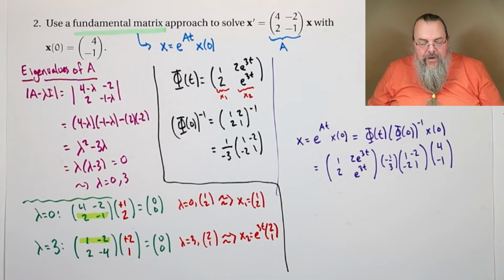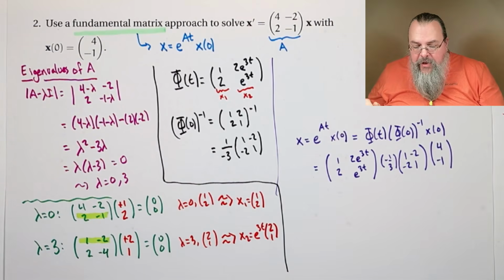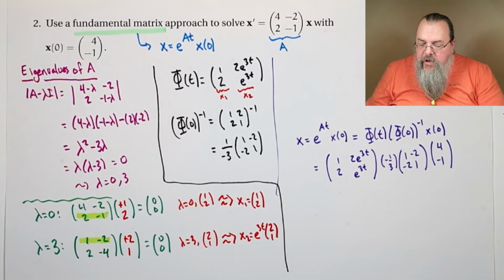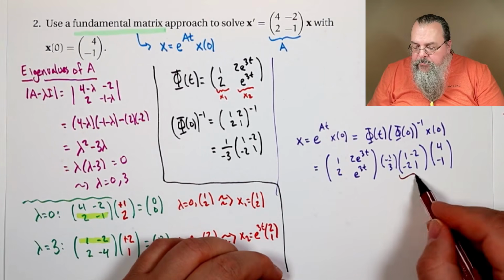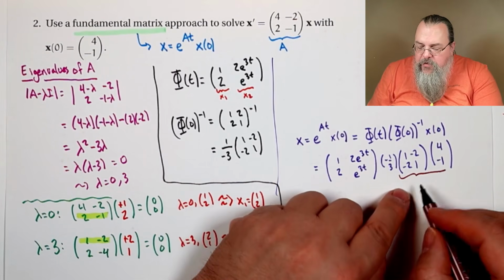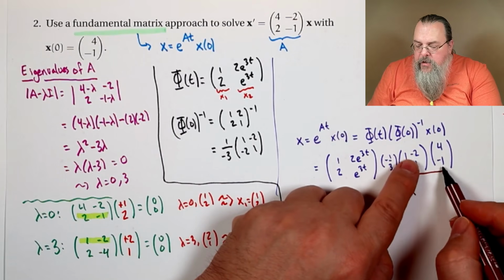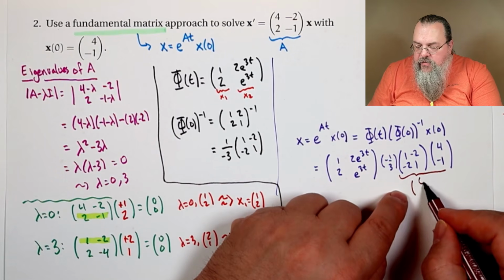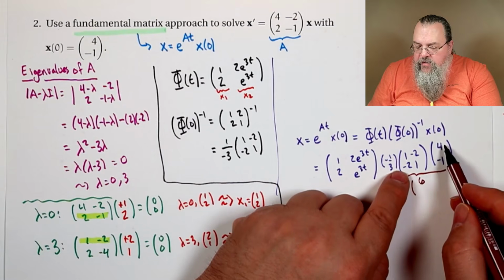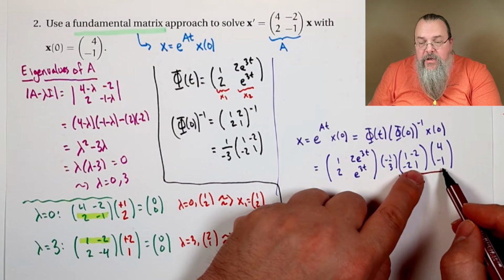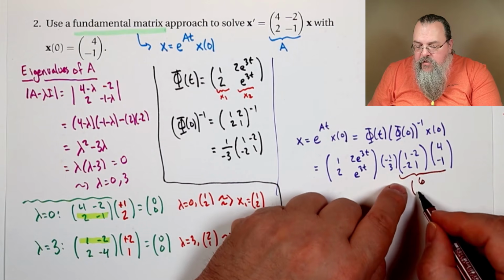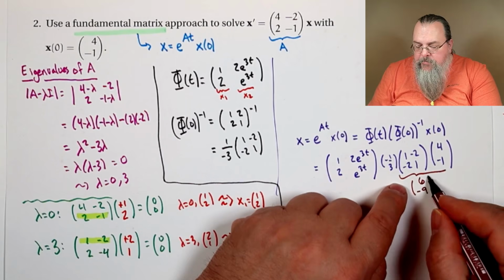Okay, so that is to say that we are going to start over here. So let's do this multiplication. We're going to get 4 plus 2, also known as 6, minus 8, minus 1, also known as minus 9.